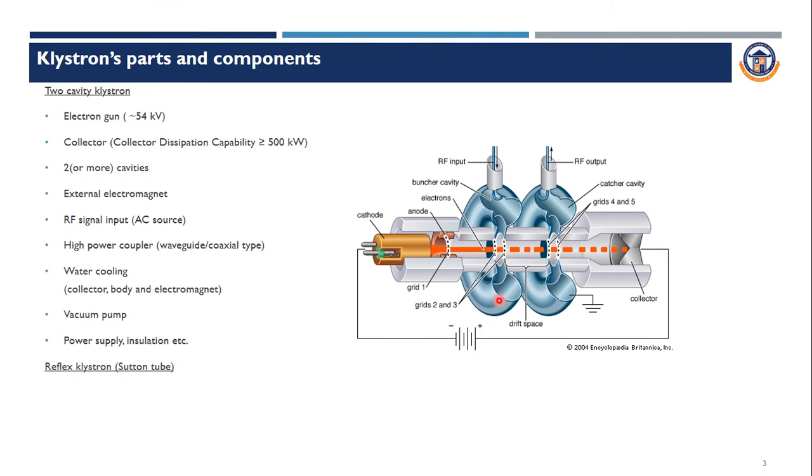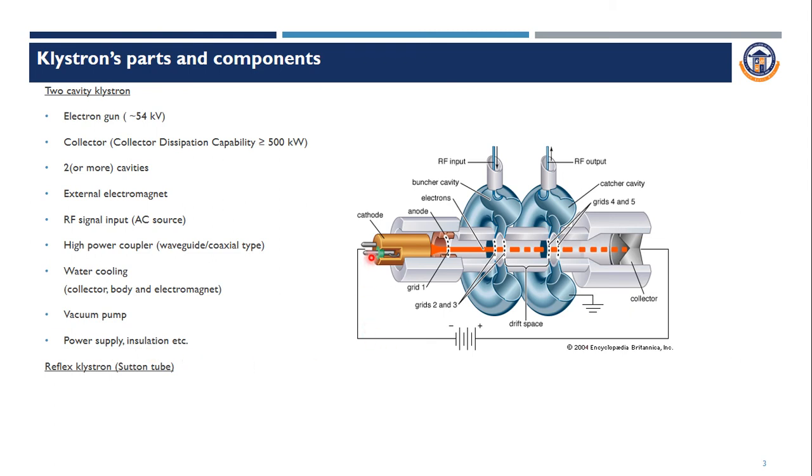One is a buncher cavity, and the second cavity is a catcher cavity, and a high power coupler which can be a waveguide or coaxial type, and water cooling, vacuum pump, power supply insulation, etc.